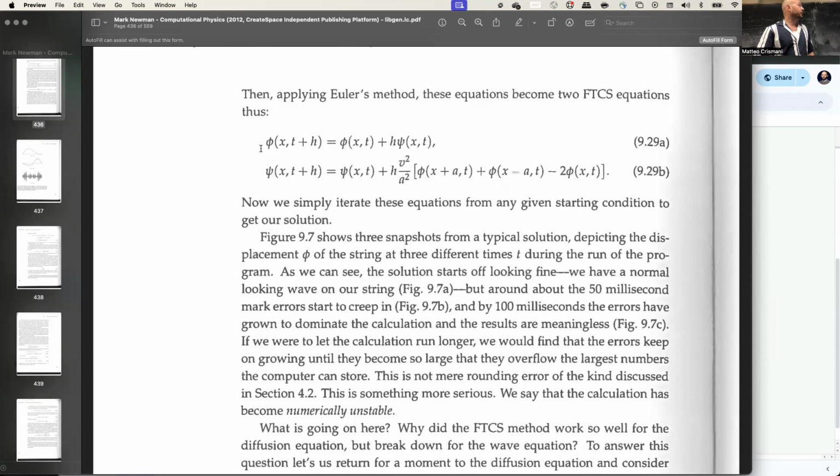To get your new phi prime, it's just the old phi plus h, which was small, times whatever the velocity was, essentially. And similarly, we had psi prime, which is the original psi plus some information about the curvature of that location.